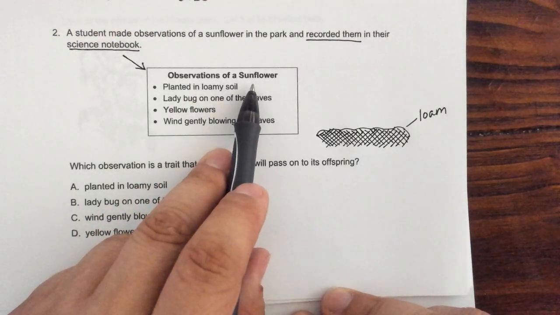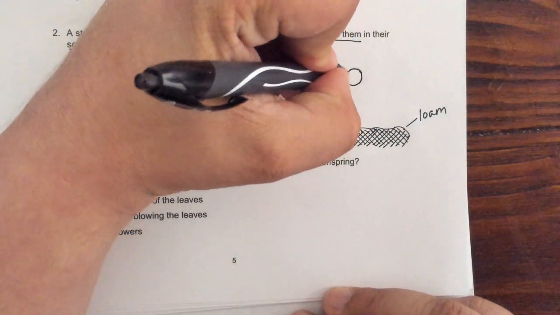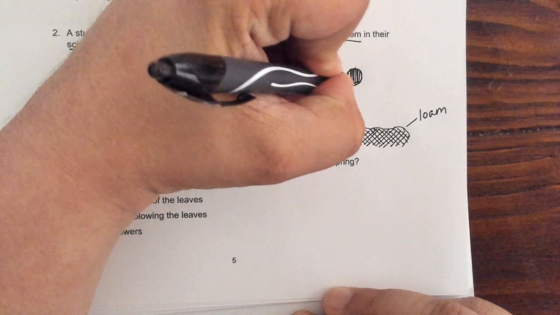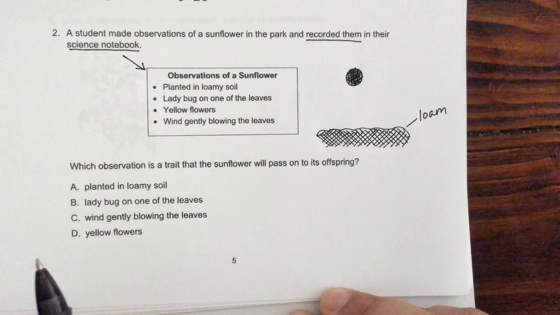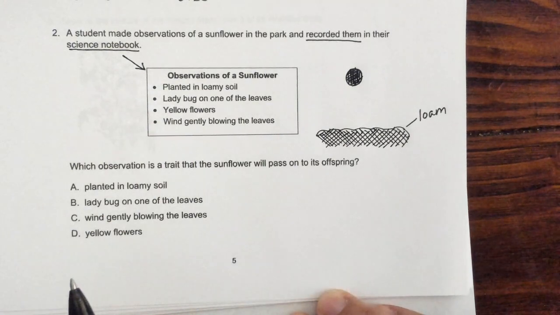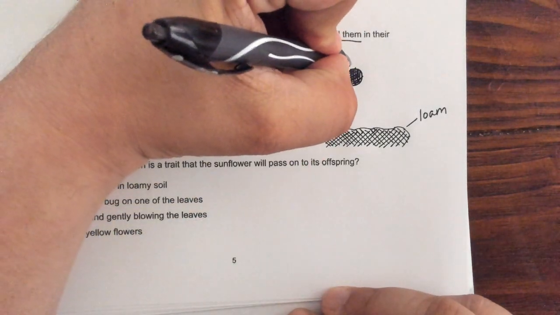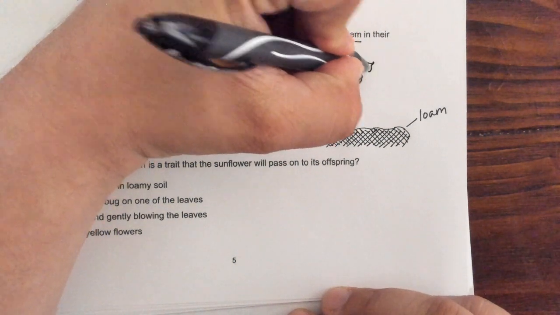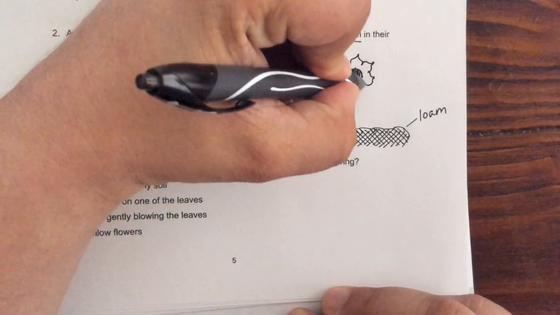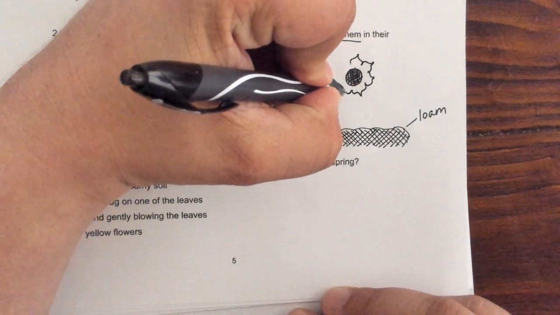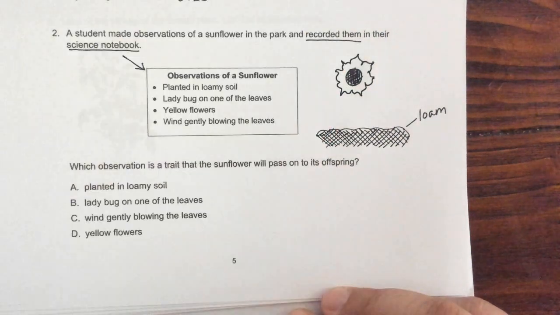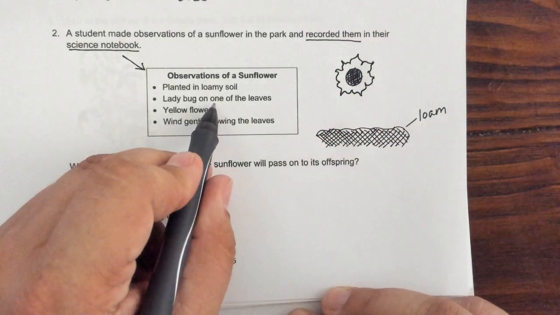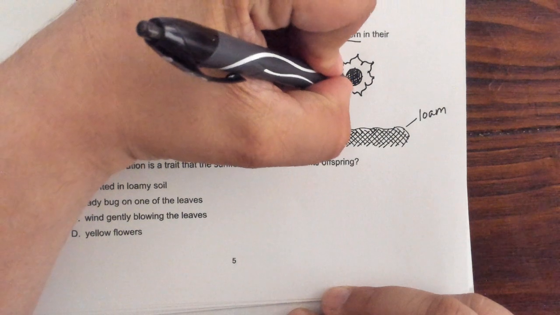And it says a sunflower, so if you're not familiar with what a sunflower looks like, it's just got a big circular center, and all of these here in the middle are actually the sunflower seeds like you eat at a baseball game or a snack at home maybe. And so it looks like a sun. So you've got these leaves that are yellow, and so it says a ladybug was on one of the leaves.